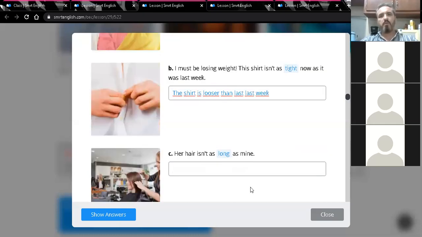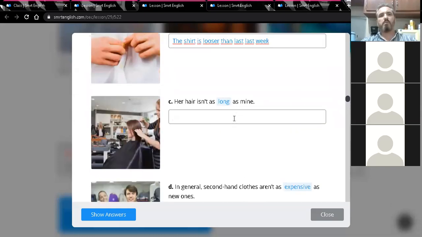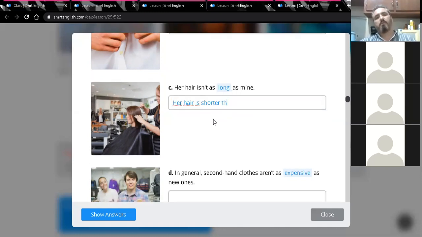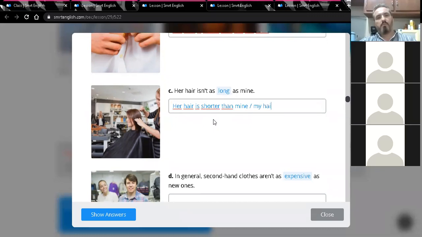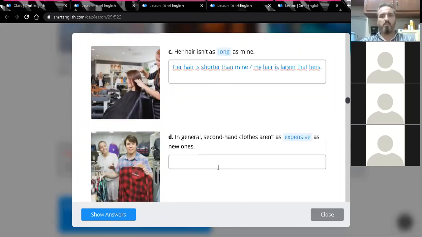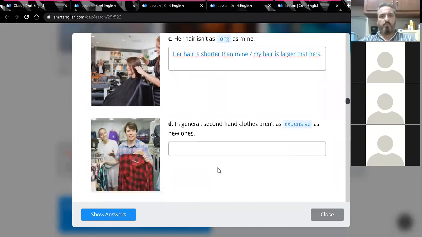Okay, next one. Her hair isn't as long as mine. Same as the soft one. Her hair is shorter than mine, or my hair is longer than hers. D. In general, secondhand clothes aren't as expensive as new ones.